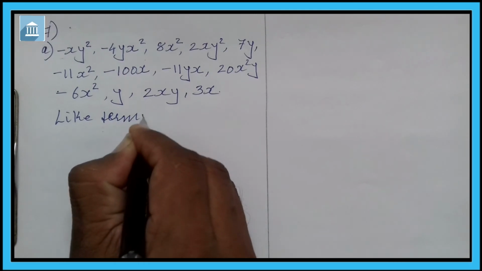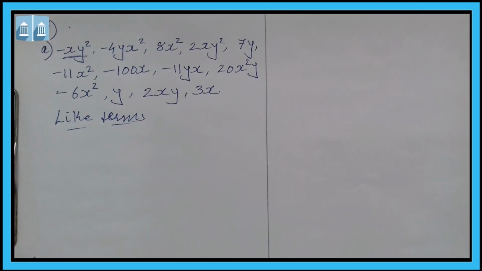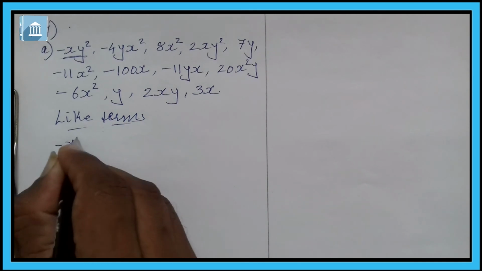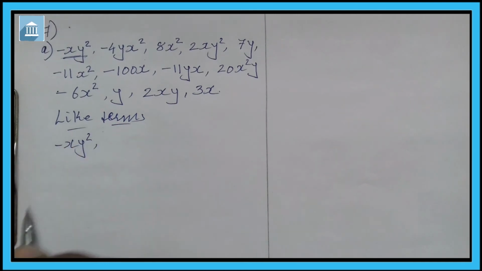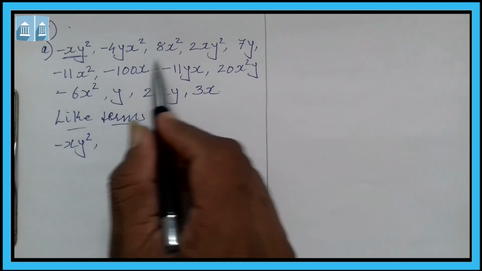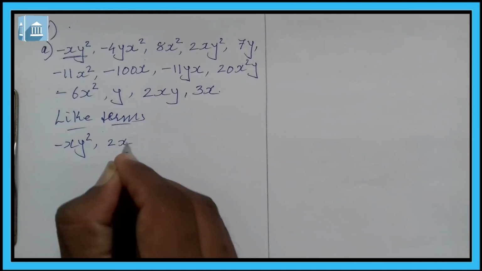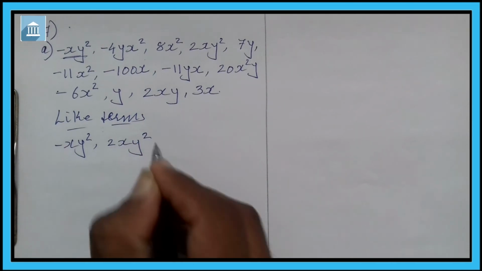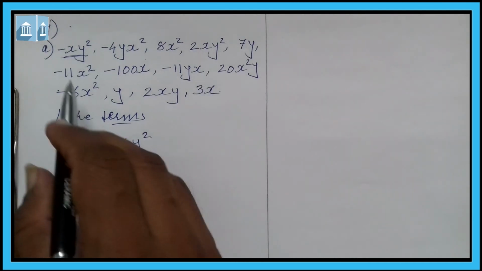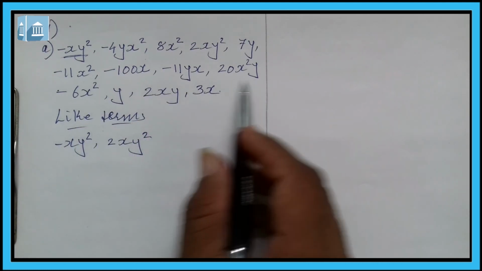So let us begin from here, minus xy square. We have to find out the like terms of this minus xy square. Then 2xy square is also a like term of this minus xy square.